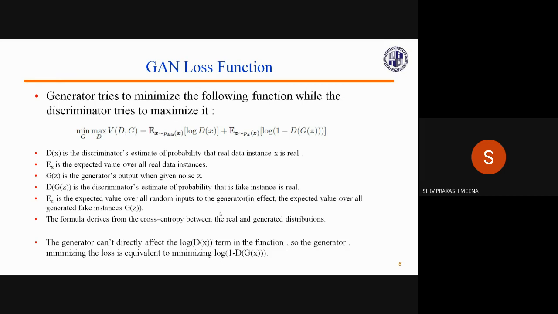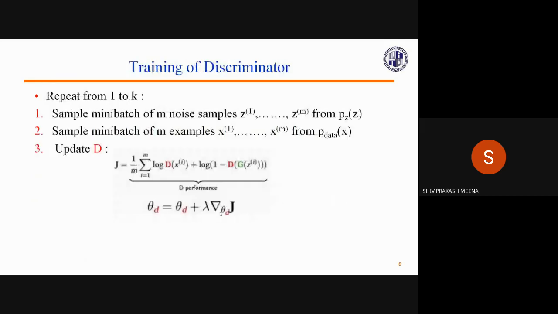So our generator will minimize log of 1 minus D of G of z. If this is minimized, our data would look like real data, and this function is very useful. In the next slide, we will train our discriminator.